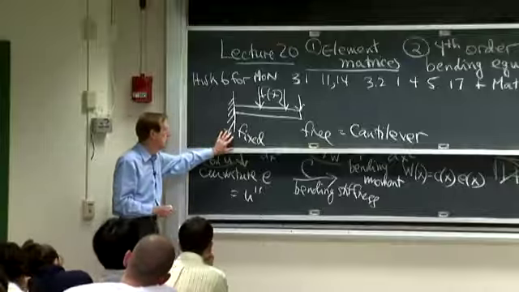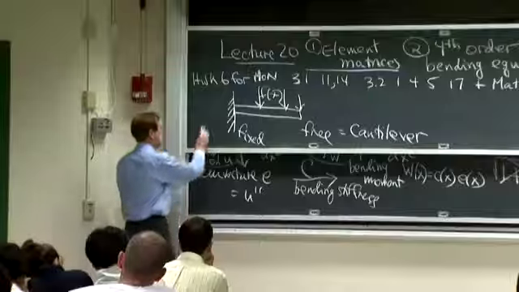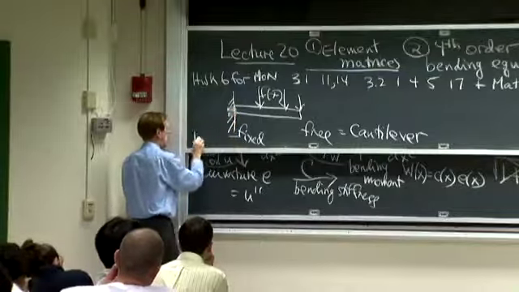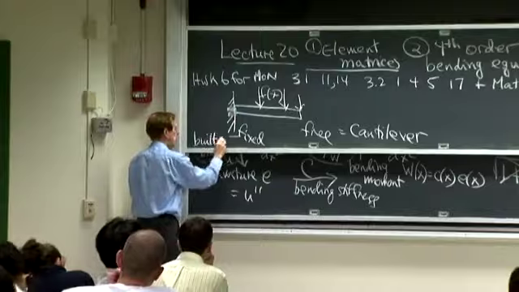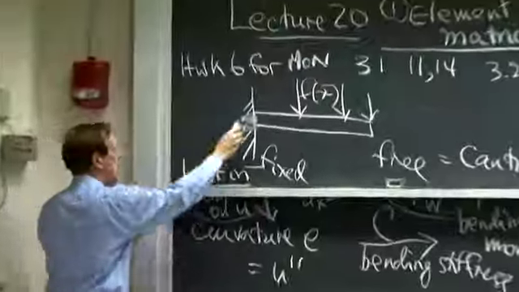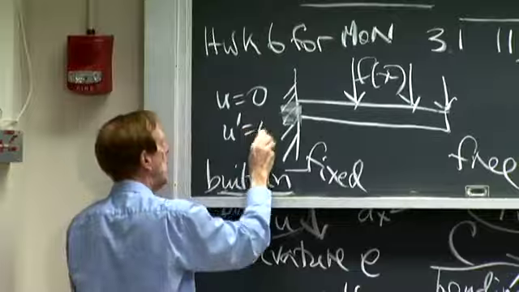And what will be the 2 at the fixed end? At the fixed end, obviously, is built in. This is built in. There's slightly different words sometimes for the beam problem. Here I'll have u equals 0 and u prime equals 0.